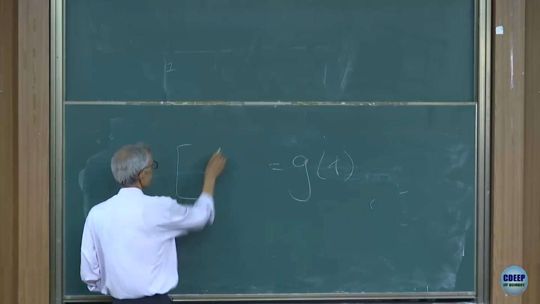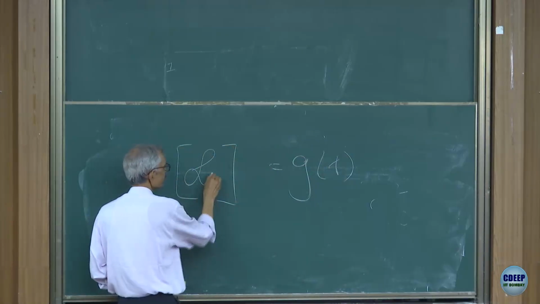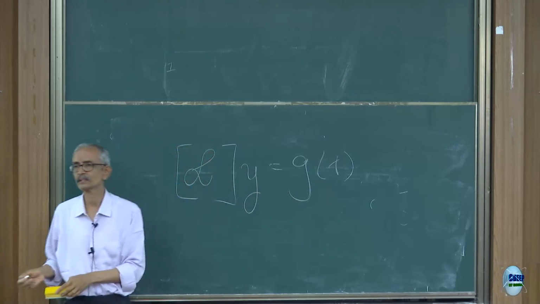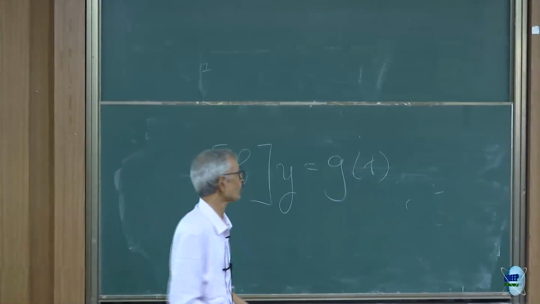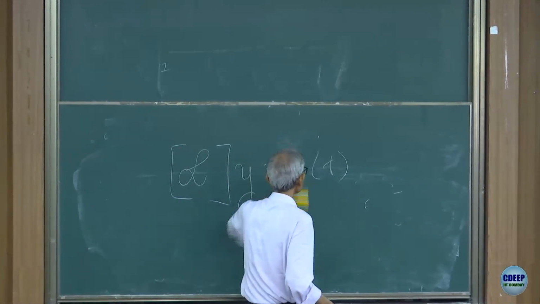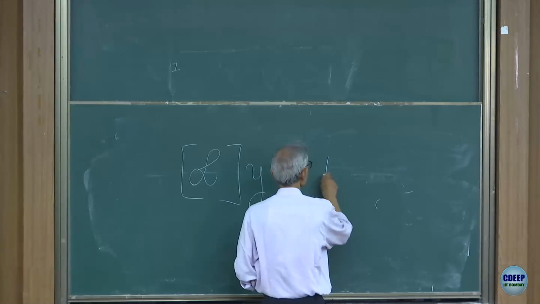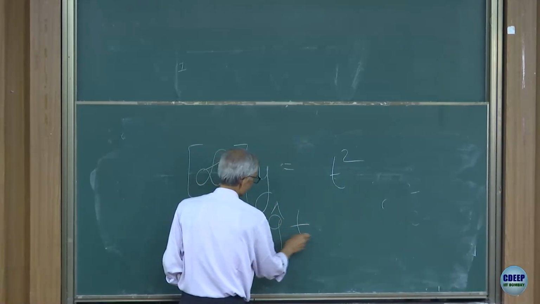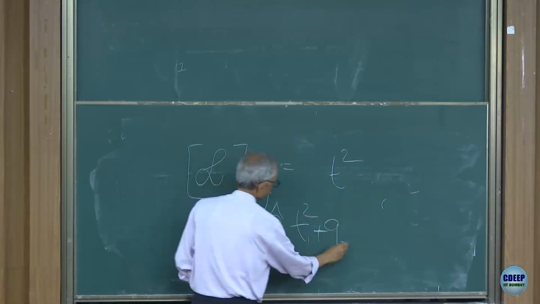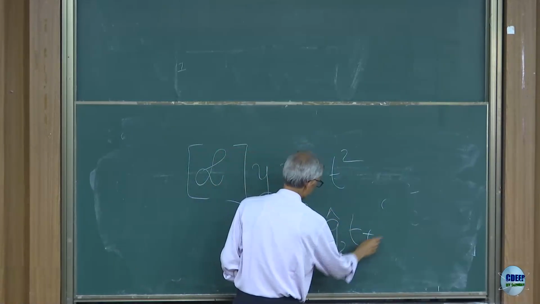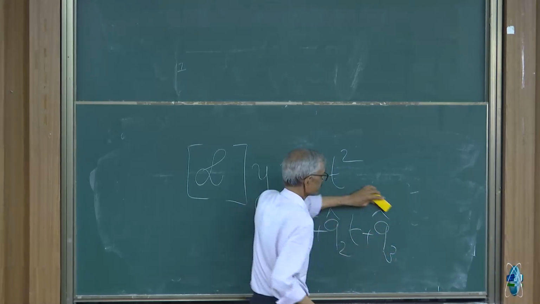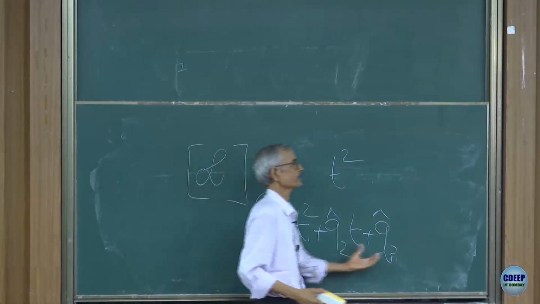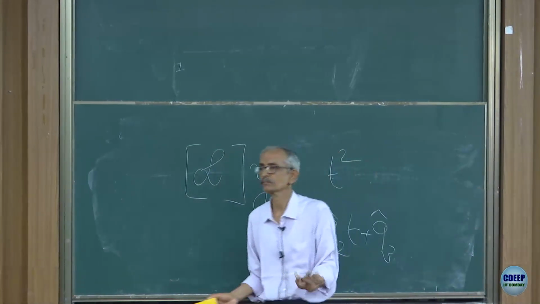Whatever linear operator is in here is operating on y and is going to be equal to this. This is a polynomial, and if the polynomial is t square, then you have these undetermined coefficients, g1 hat, g2 hat and g3 hat. Okay, so that's what we have basically done.